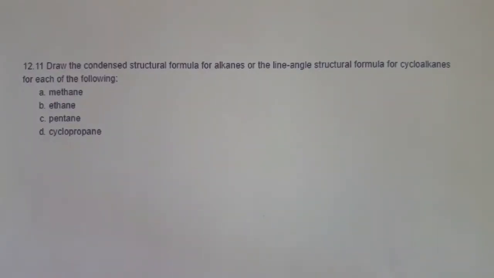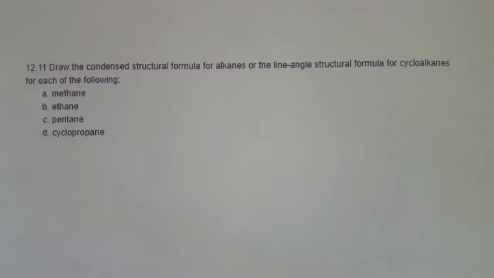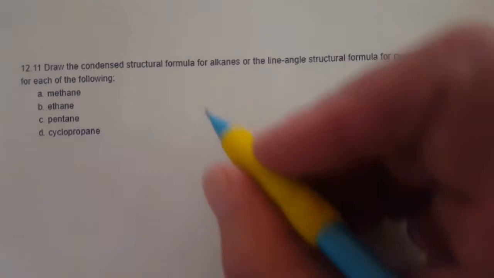Okay, for this problem, we're given the name and we're asked to draw the structure. So, methane, that's as simple as you can get, but generally speaking, the way you draw these structures is given the prefix, you draw the number of carbons associated with the prefix. So in this case, it's meth. So that's going to be 1 carbon.